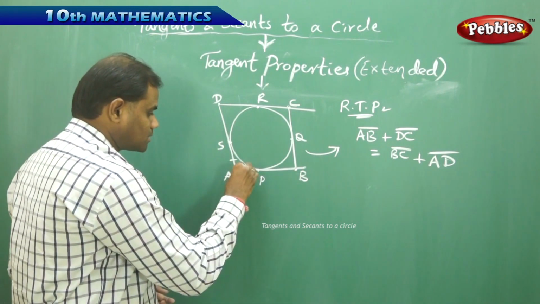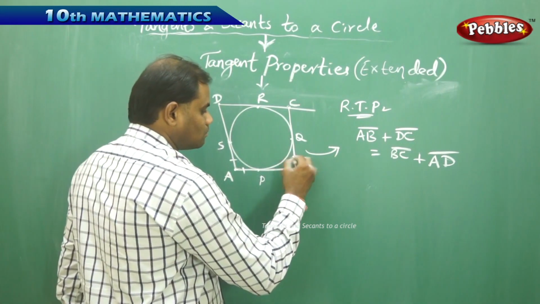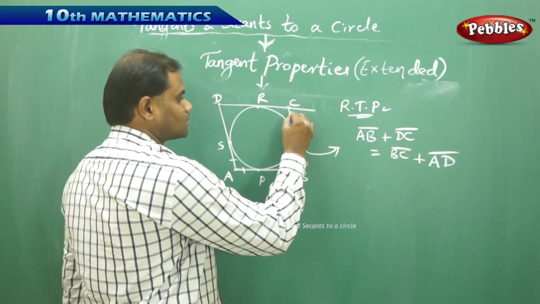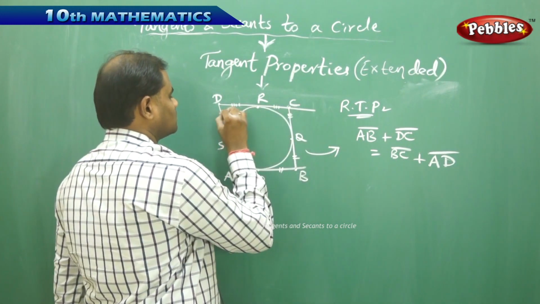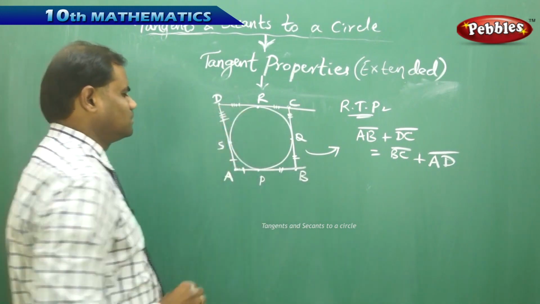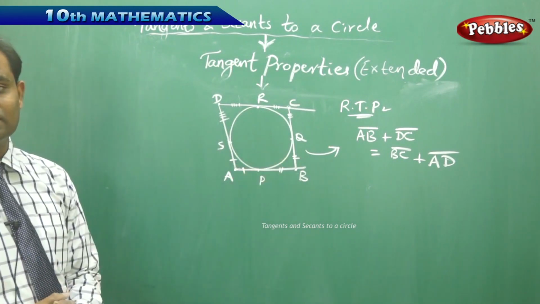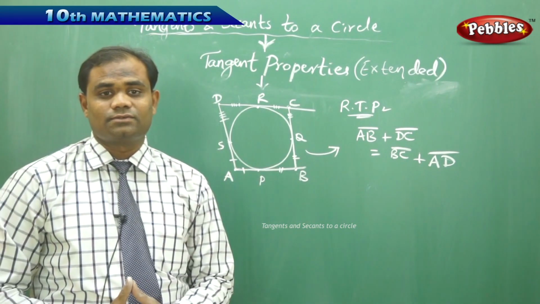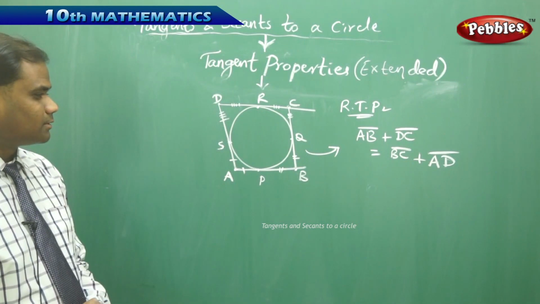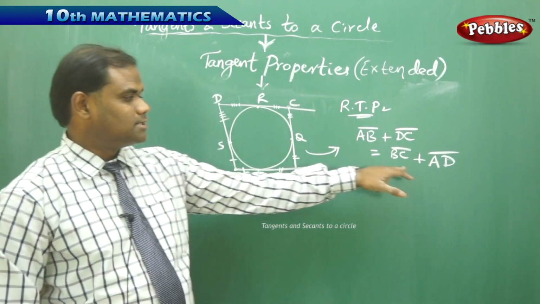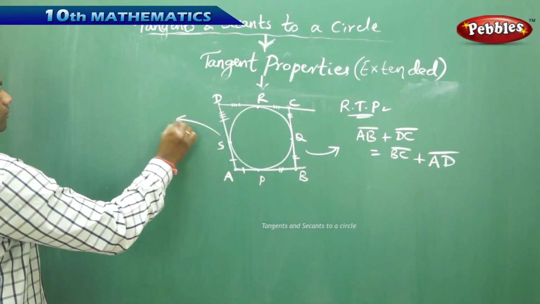Therefore AP must be equal to AS. Similarly, BQ must be equal to BP. This must be equal to this, and this must be equal to this. That is how we get each pair equal, because the lengths of tangents from an external point are equal. So using that condition, let's prove AB plus DC equal to this. Let's see how we can do the proof of this theorem.